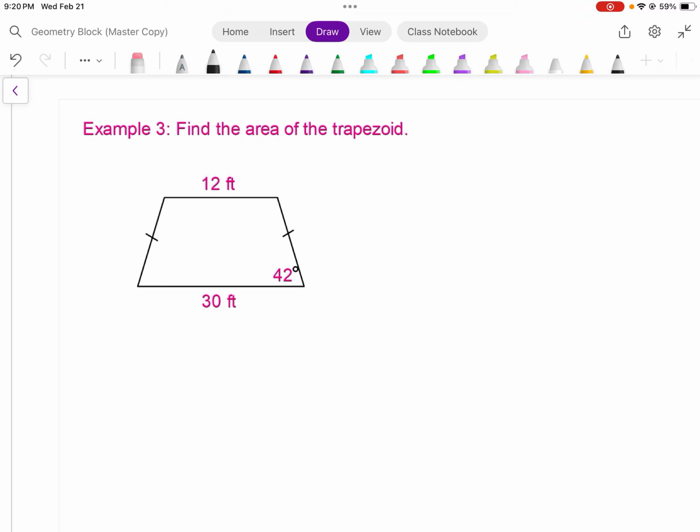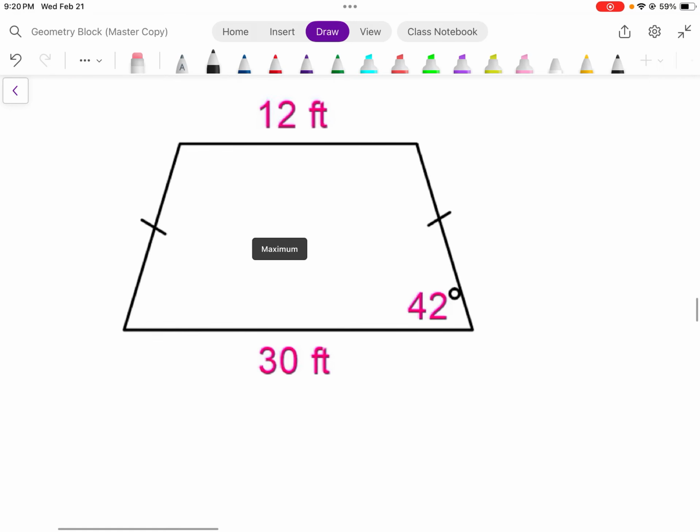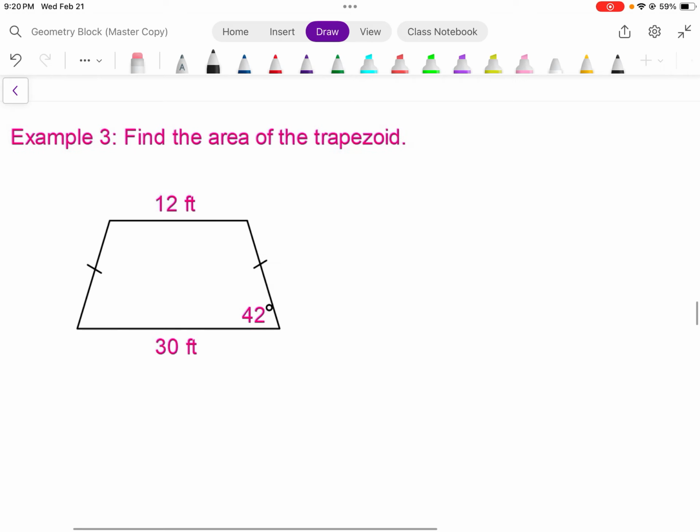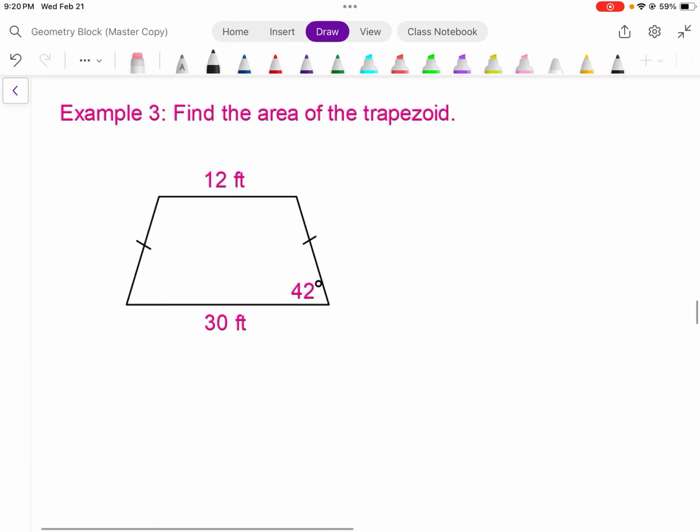Now, for this one, I'm giving you a little bit less information. If I'm telling you to find the area, we still need to find base 1, base 2, and the height. What you're going to notice is the height's not given in this situation. But we're not going to move away from what we've been doing.